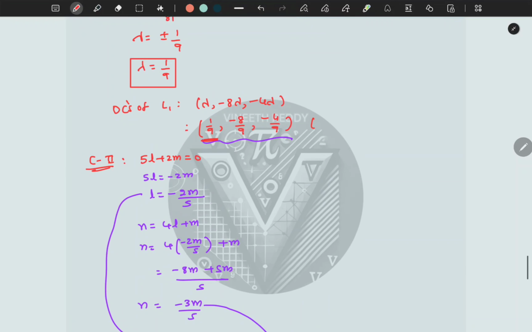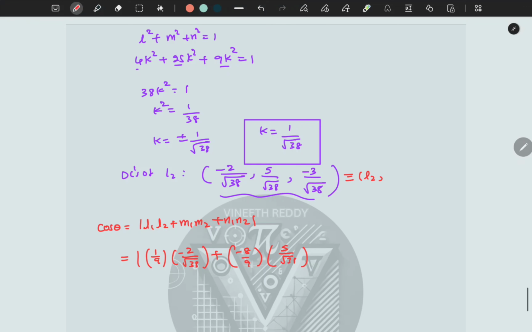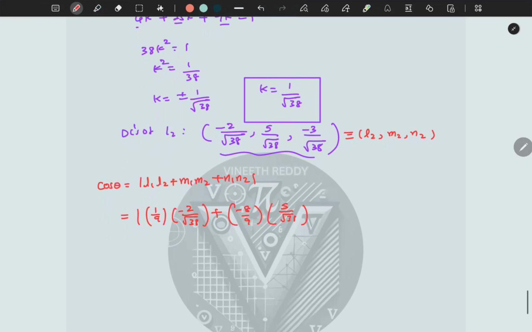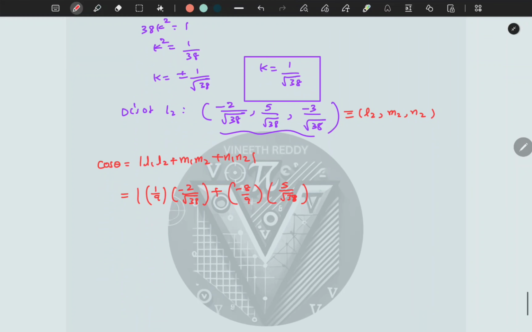If you want you can write this as l1, m1, n1, and this is l2, m2, n2. And n1 is minus 4 by 9, n2 is minus 3 by root 38.